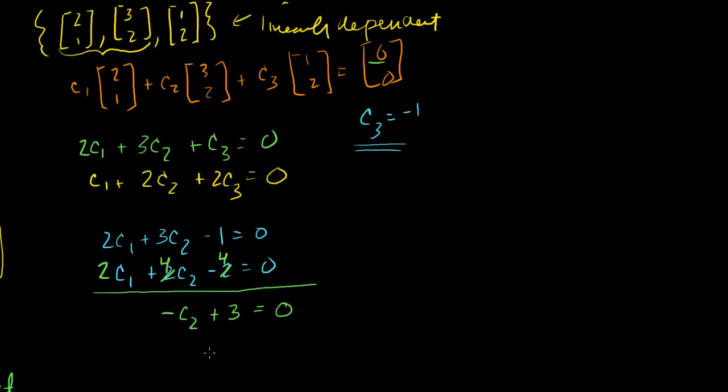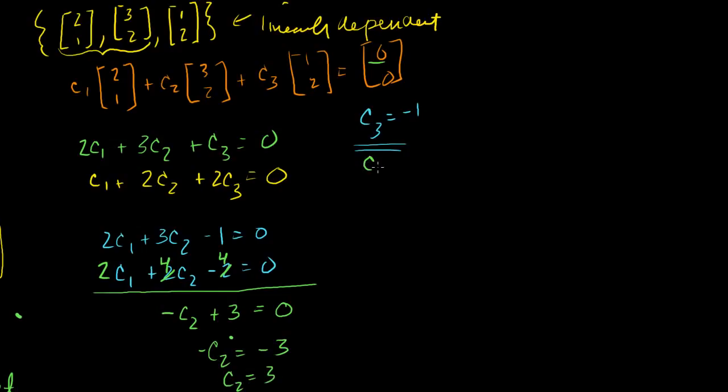Let me make sure I got that right. We have a -1 minus a -4, so +4. So we have a +3. So minus c2 is equal to -3, or c2 is equal to 3.